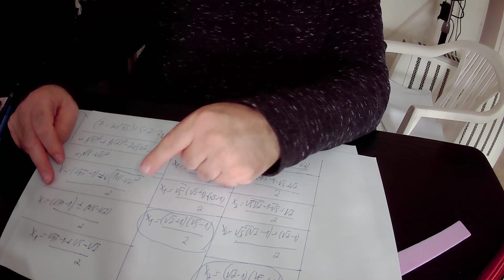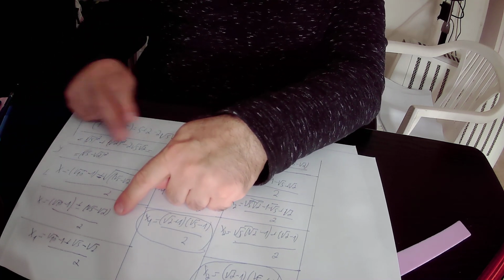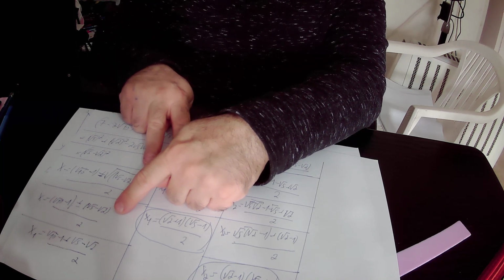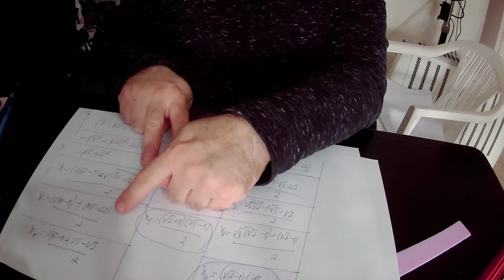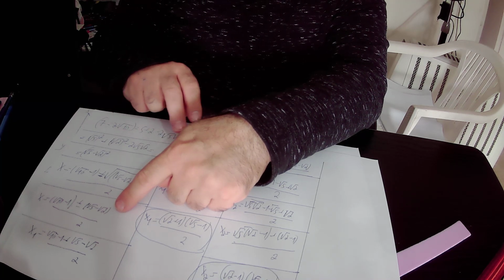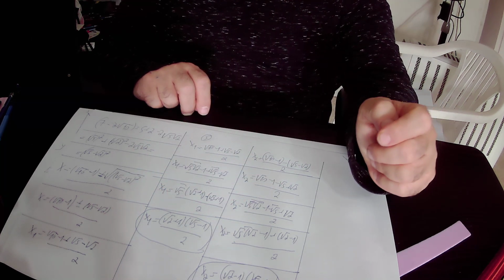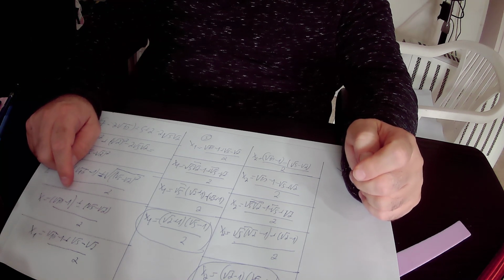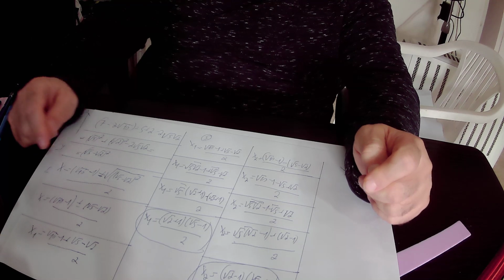Inside the root we have a square and a root. The square cancels the root, and we are left only with square root of 5 minus square root of 2 over 2. So in conclusion, we found out that x equals square root of 10 minus 1 plus or minus square root of 5 minus square root of 2 over 2.